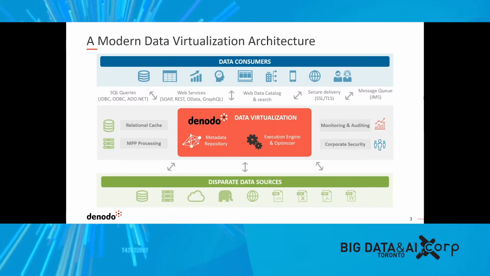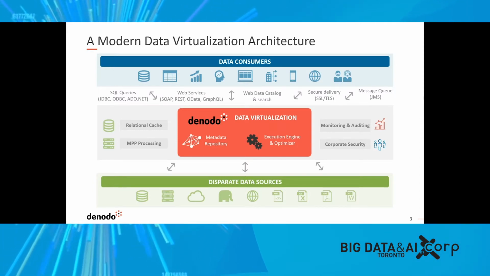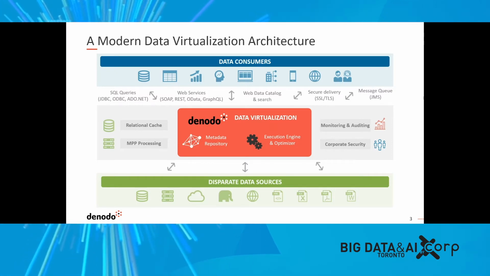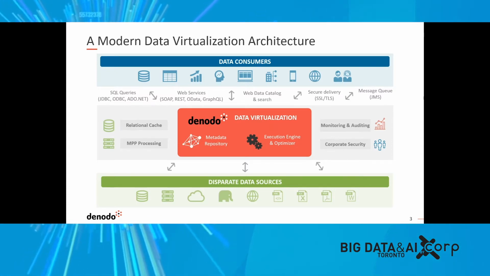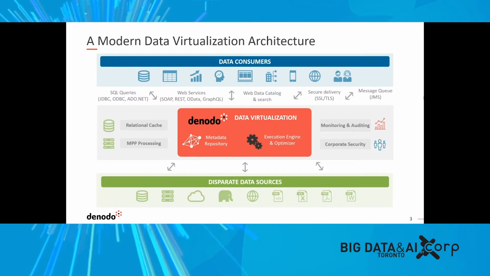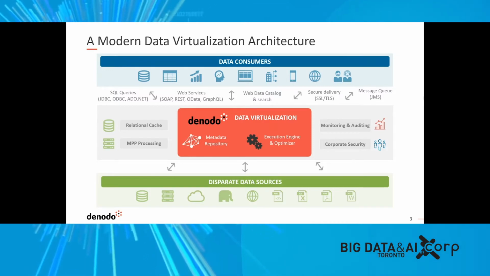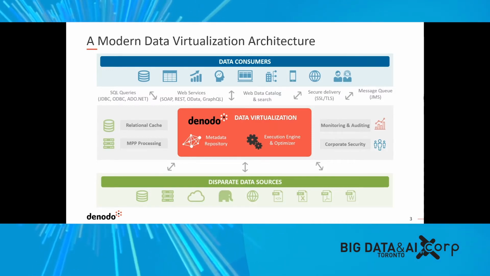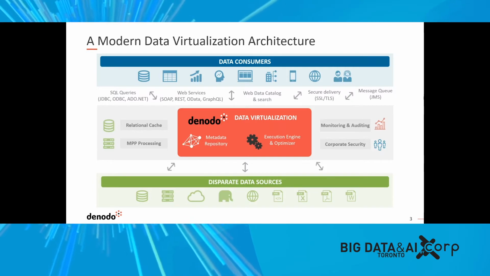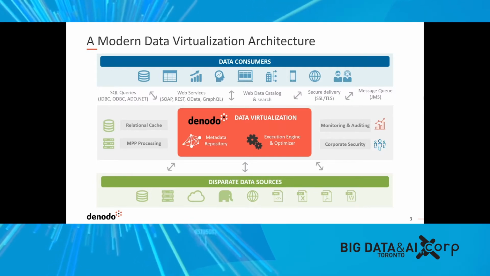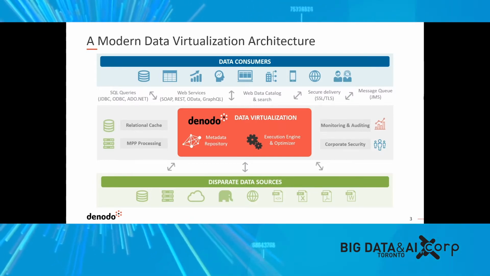In the middle, we have Denodo's data virtualization server, which provides the connectivity for any application to access the data from any data source. As you will see in the demo, Denodo provides a data abstraction layer for the BI and application developer so that there is now one place for them to connect to all their data assets.